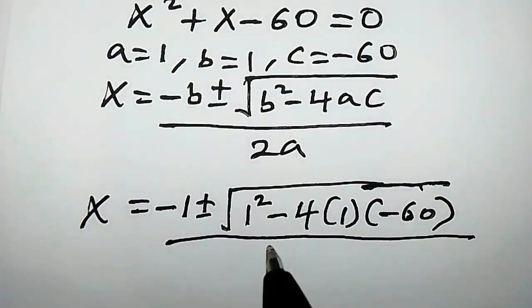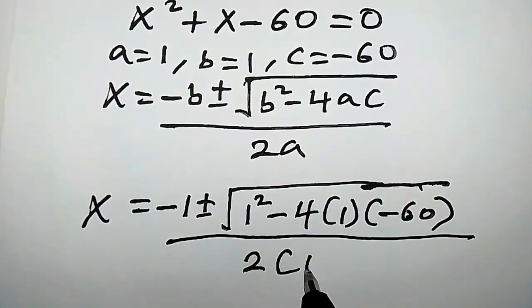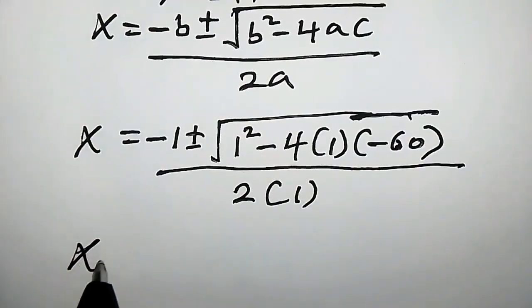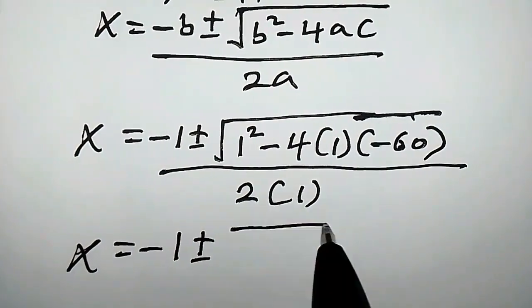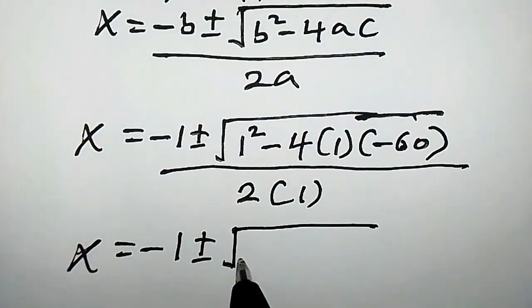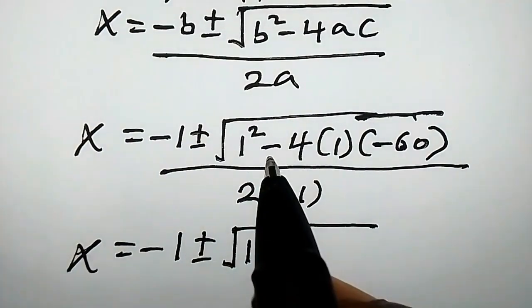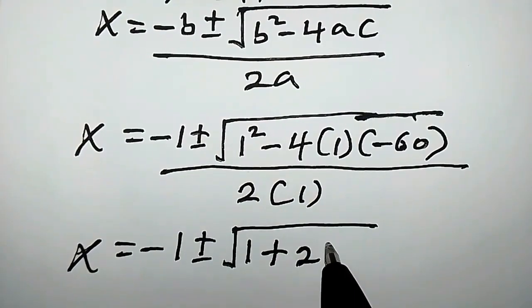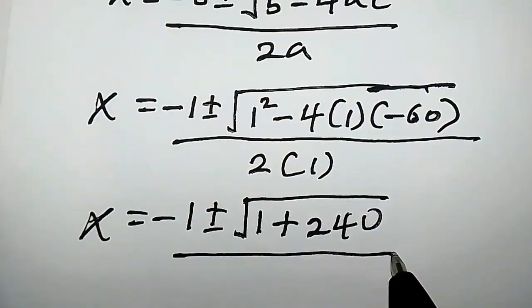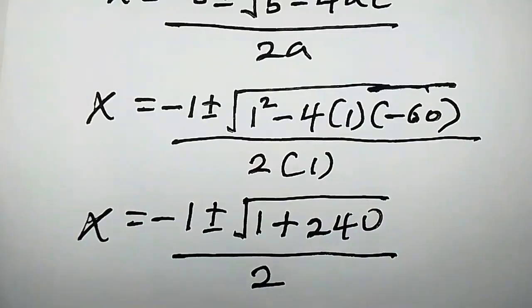Divided by 2a, that will be 2 times 1. So, x is equal to minus 1 plus or minus square root of 1 squared, that is simply 1, minus 4 times 1 times minus 60, that is plus 240, divided by 2 times 1, that is 2.